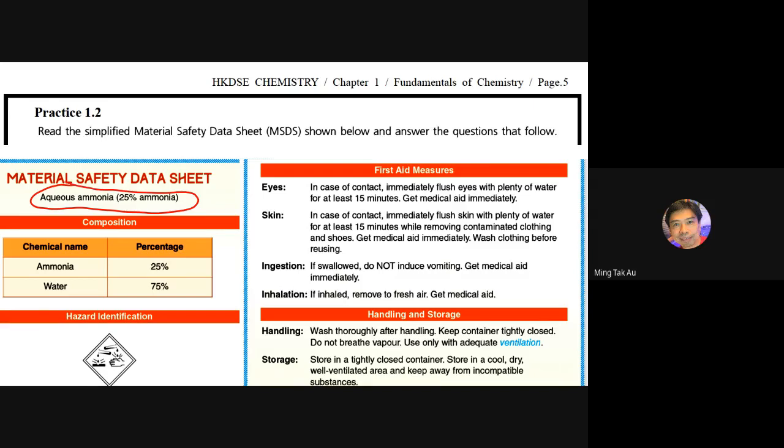Remember the formula of ammonia is NH3. It is ammonia, NH3, and water. And this is the hazard warning label. You are told about the first aid measures and handling and storage. This is about the precautions.